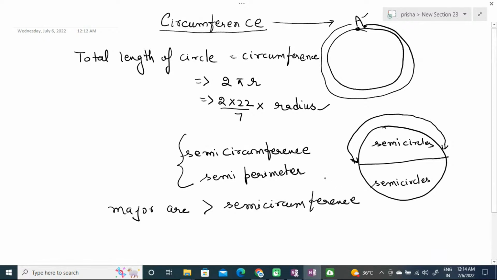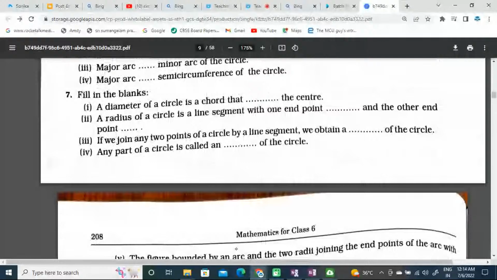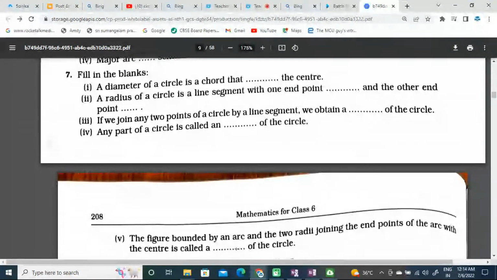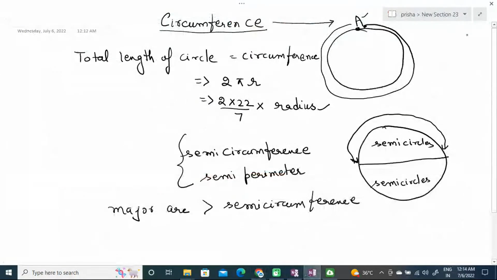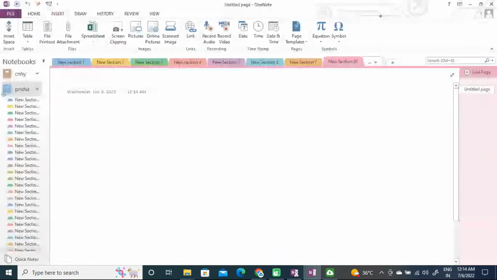Understood or not? Now fill in the blanks. Question number 7. Are you there or not?